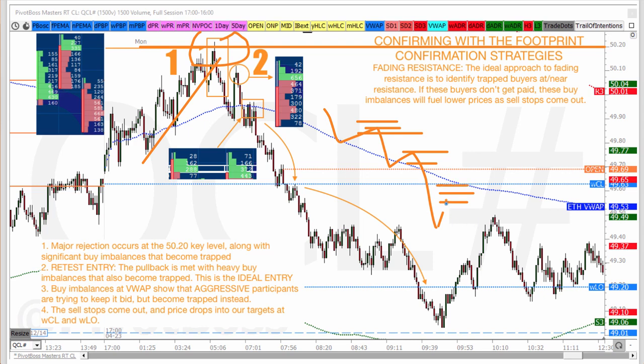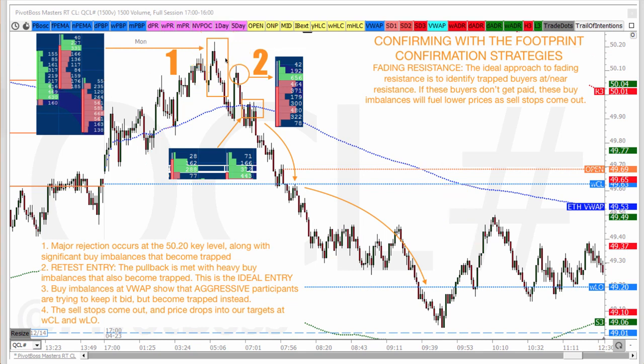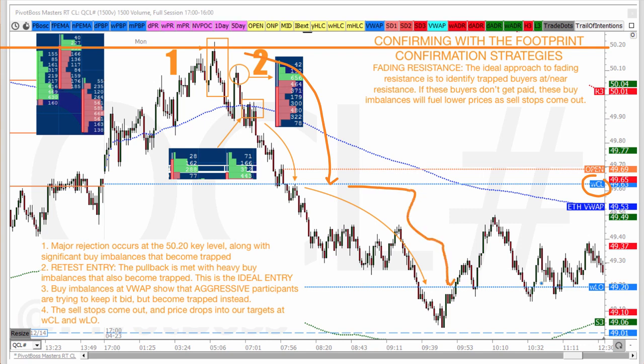So I said if it goes into 50-20 here, that's where you want to look for rejection and look to sell it. And if it rejects here and you get into that, the targets are the previous week's close and the previous week's low. Those were the targets, and you can see how it played out.